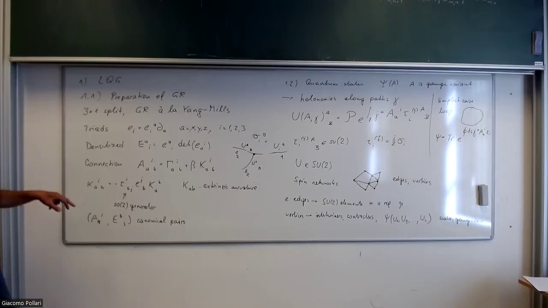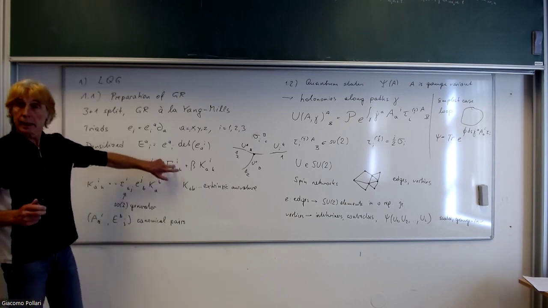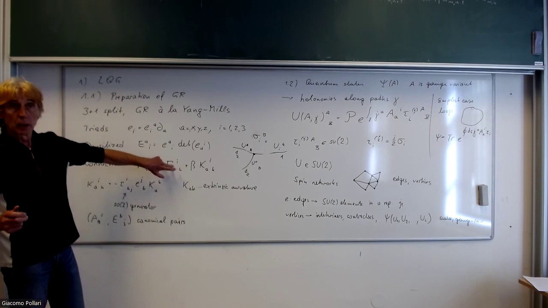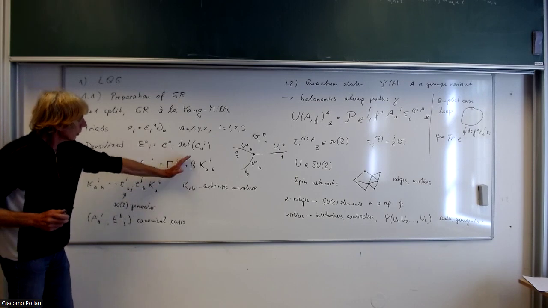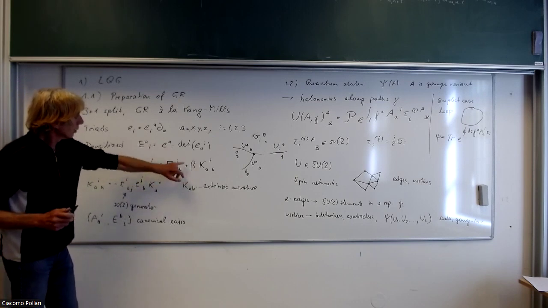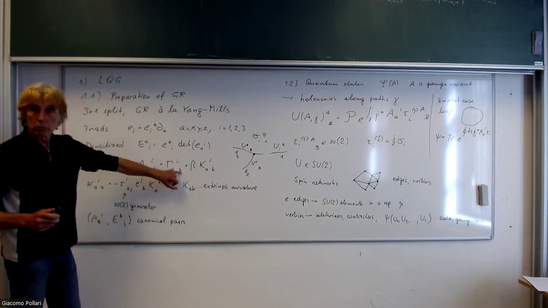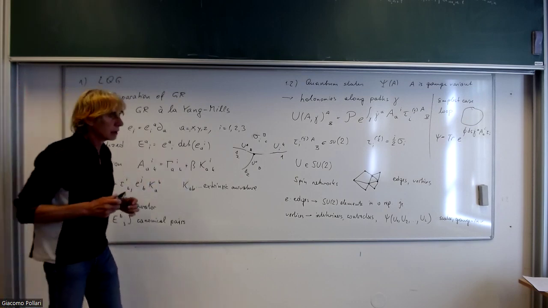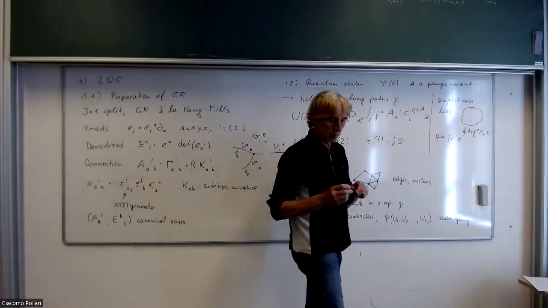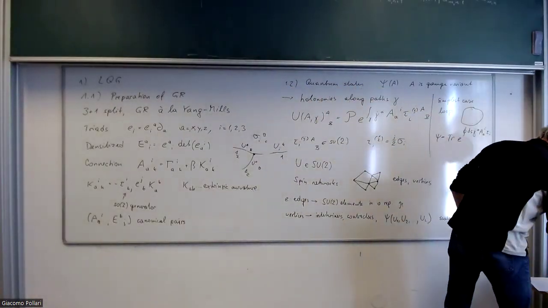But the A comes from the Christoffel symbols, and it's not clear that it is antisymmetric. Oh, it's a spin connection, I was confused because you use gamma and not omega. So it's antisymmetric. Good, then everything is fine.